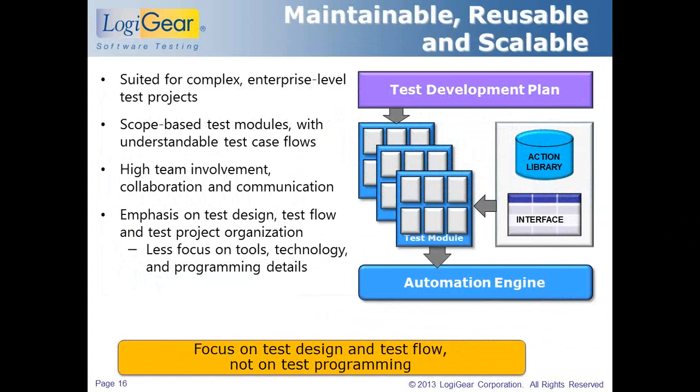So this is a system that's suited for complex enterprise-level test projects, very large projects, because it's very maintainable, reusable, leverageable, and especially scalable to a large number of test cases.